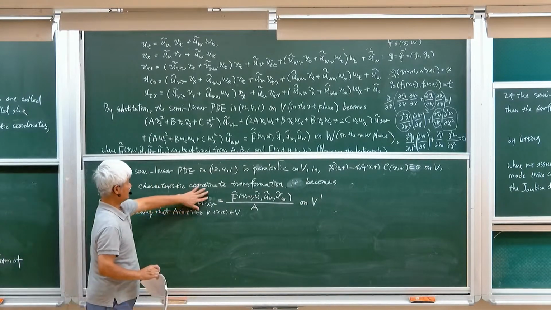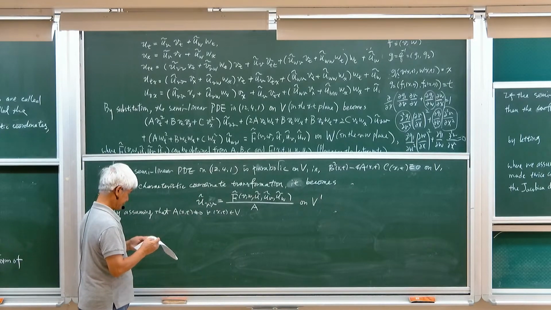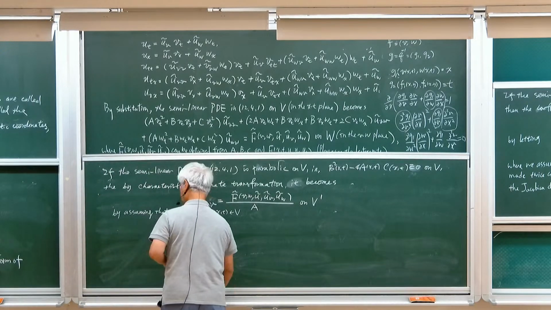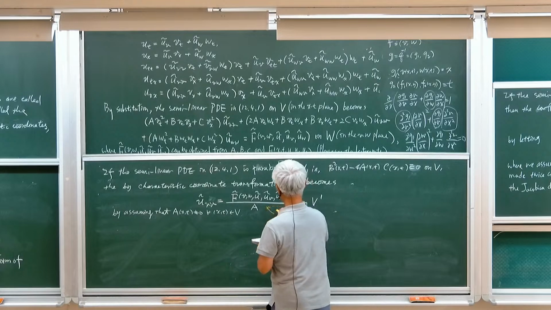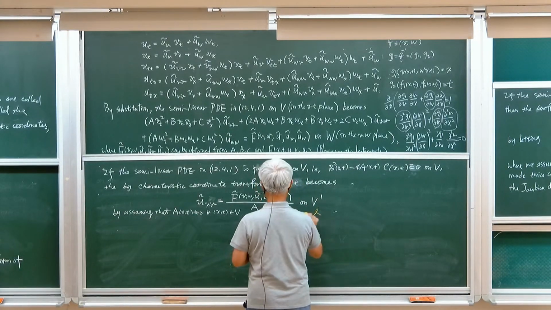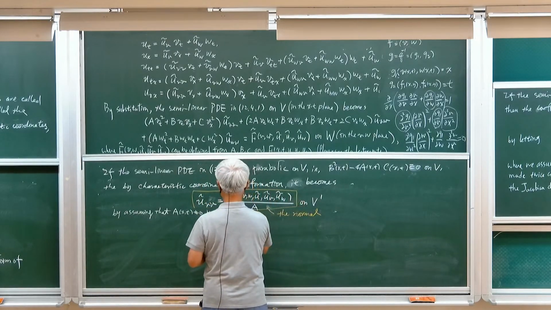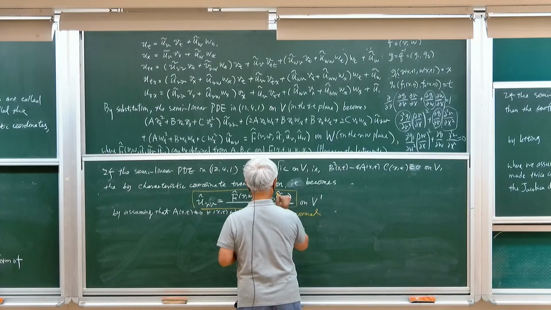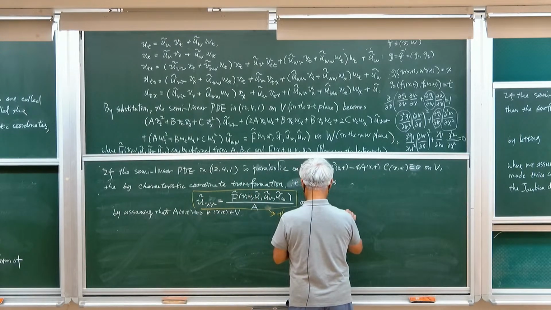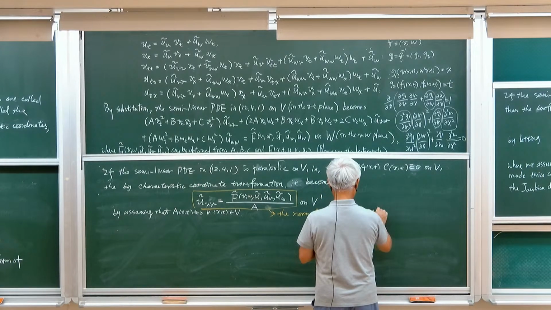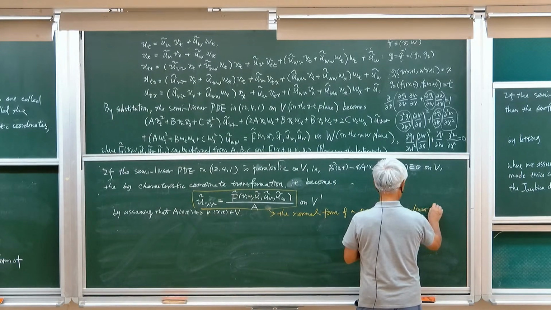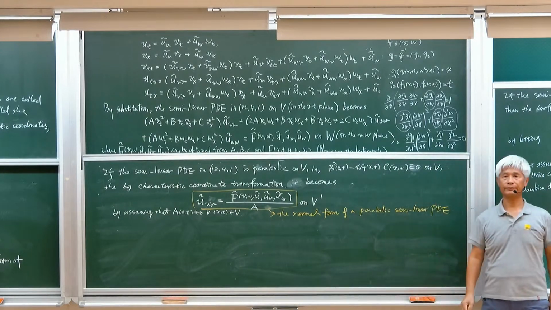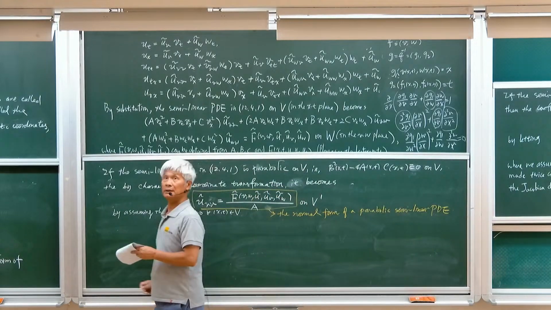So now we have this simplified form. Okay, and this form is called the normal form of parabolic semi-linear PDE.